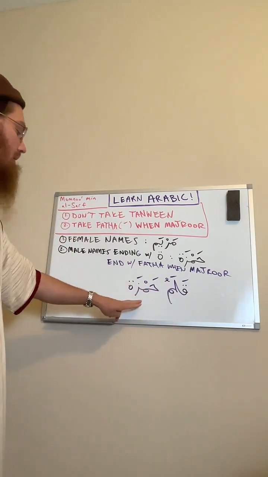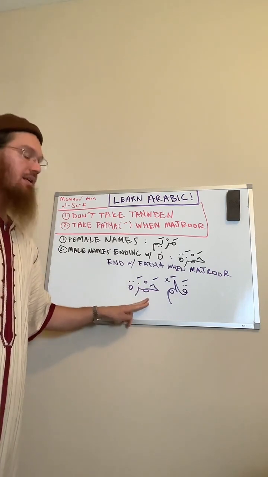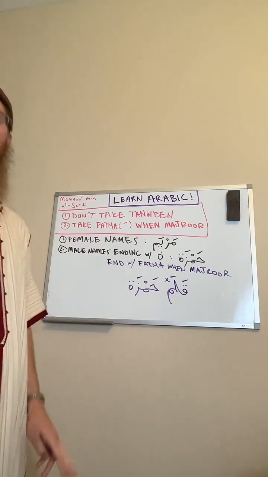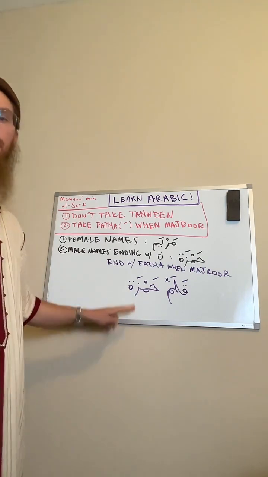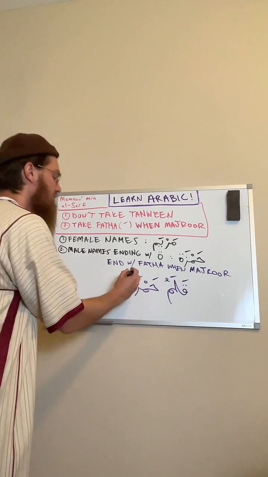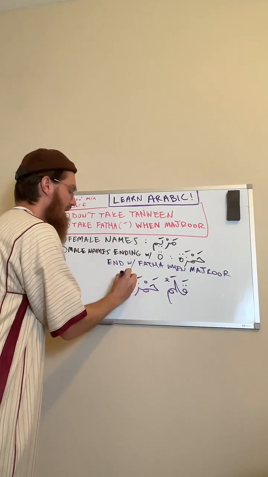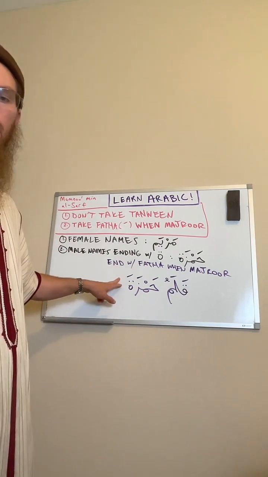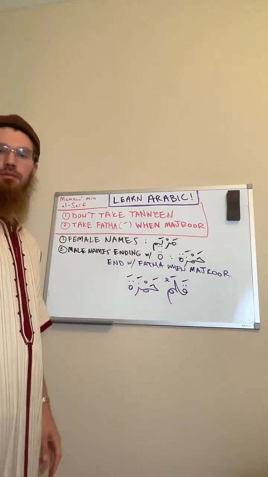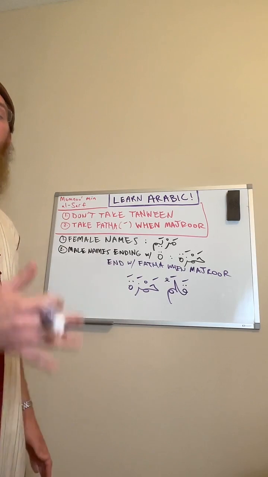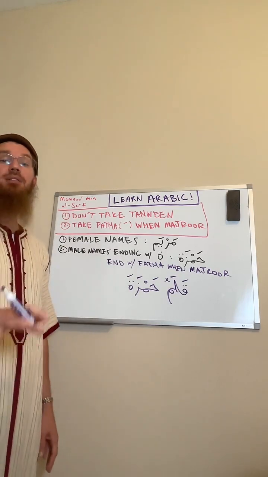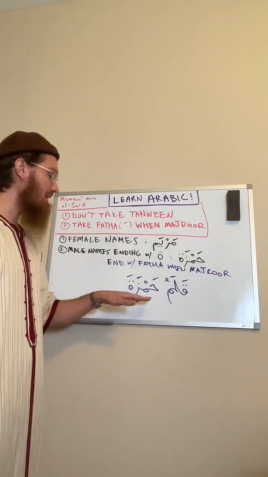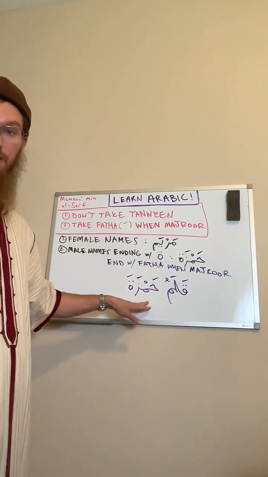Qalamu Hamza. Hamza needs to be in a state of majroor. How should Hamza end? What harakah should go at the end of Hamza? Very good. It should end with a fatha. Should it end with one fatha or two fathas? We learned in a previous lesson that generally speaking, male names are going to end with tanween. However, Hamza is not going to end with tanween.